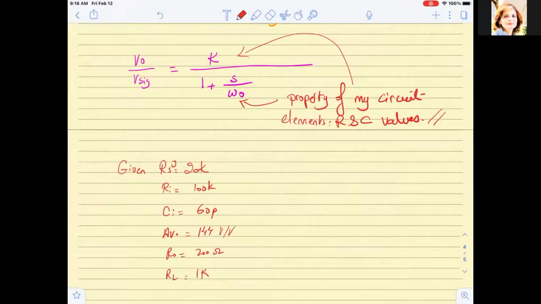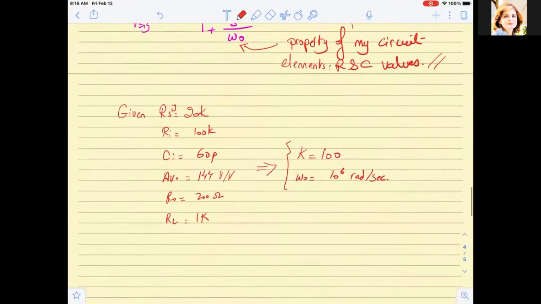If I plug those values into this expression, I find that K is equal to 100, and omega 0 is equal to 10 to the 6 radians per second.